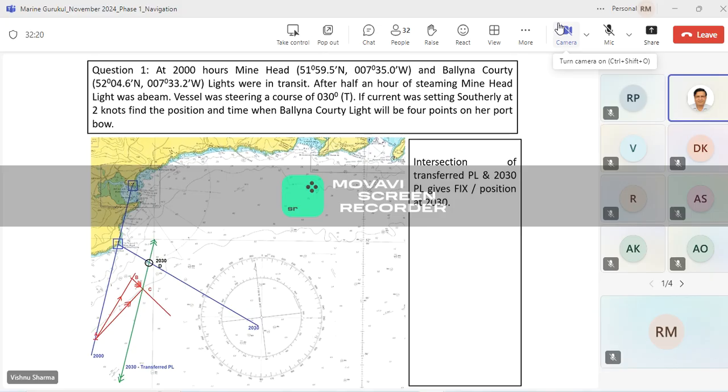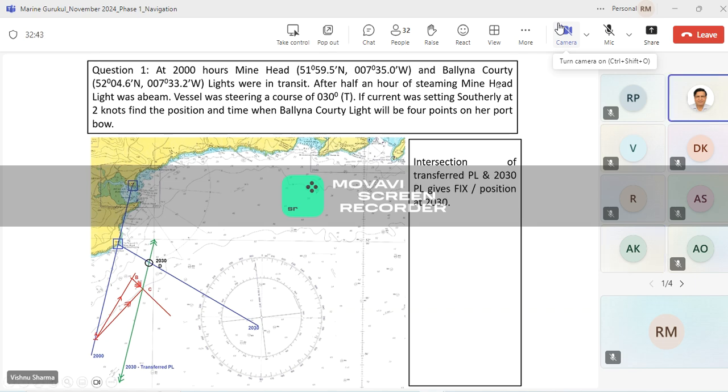I sent one before the class started. In the yellow colored part, you have general instructions where the speed is given as 12 knots, right? It will be given on top of the question paper. Yes, sir. Understood.